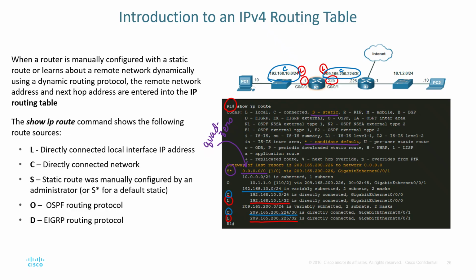We are using OSPF. Okay, and within OSPF, we are learning about a network, not advertising, learning about a network. Okay, so they're learning about the 10.1.1 network remotely through OSPF.